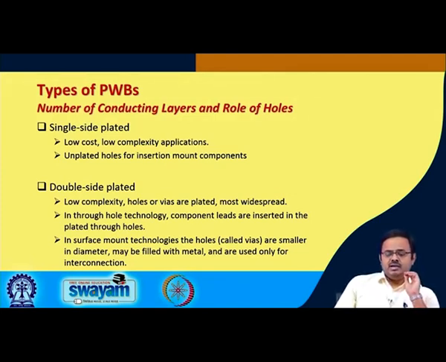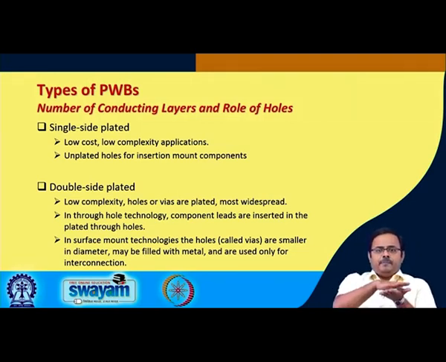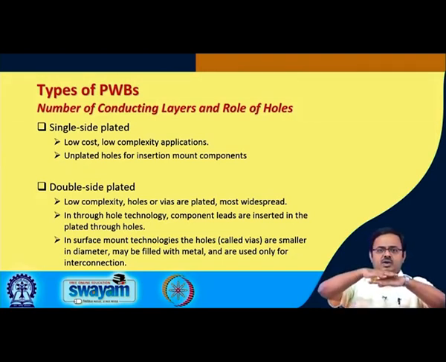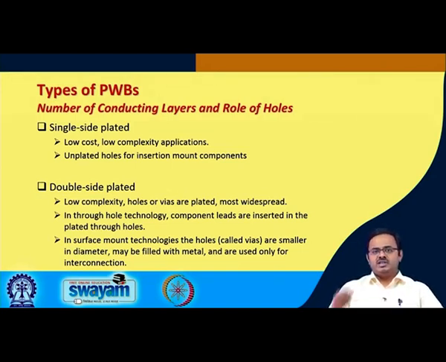That is done through what are called vias. These are small diameter holes that are filled with metal, and these are used for interconnections. So, you have a motherboard with components on both sides, and the components communicate with each other through these vias, which are holes that are metallized.